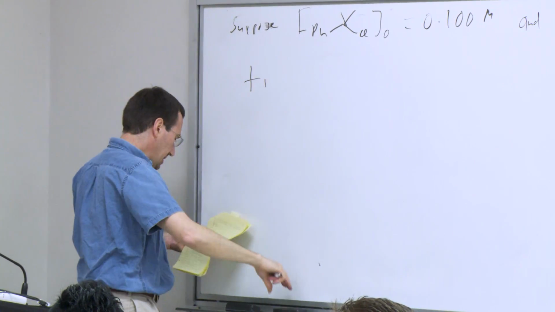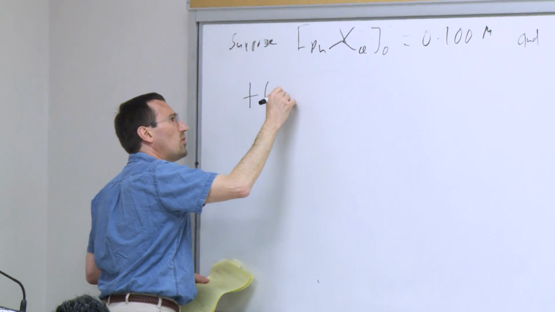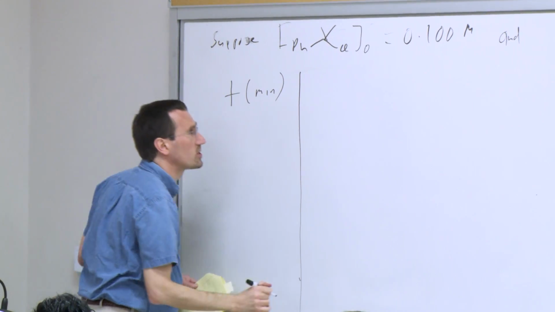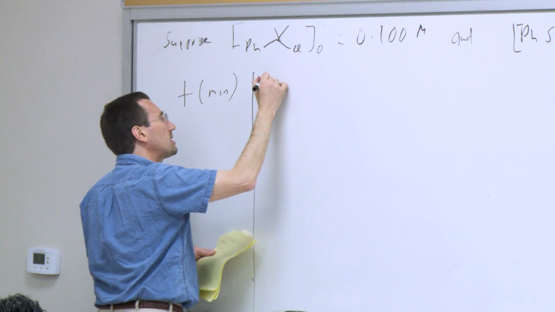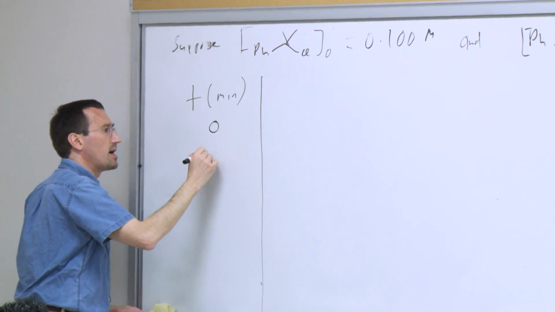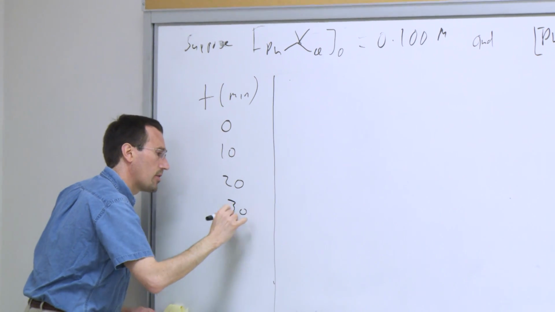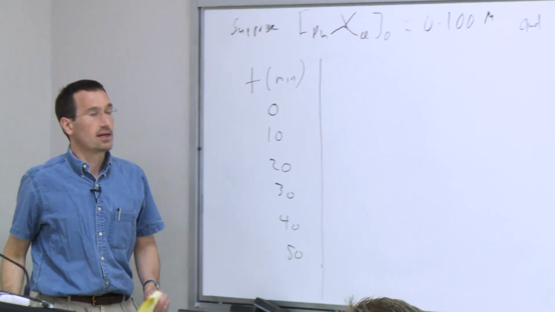So let's say I'm going to measure at time, and we'll use minutes for time, and I want to show how this translates into rate constants. So let's say we're going to make measurements at time 0, 10, 20, 30, 40, and 50 minutes.